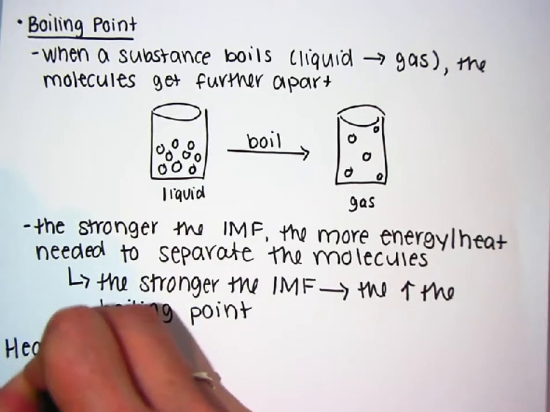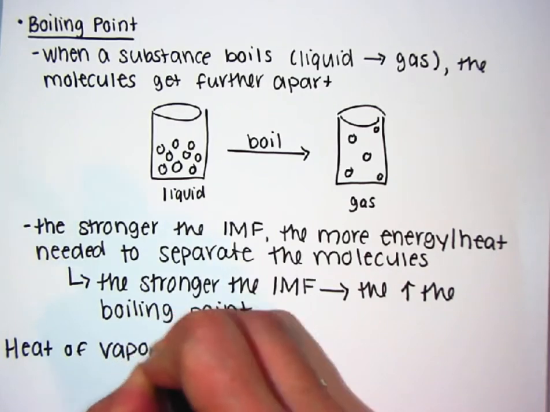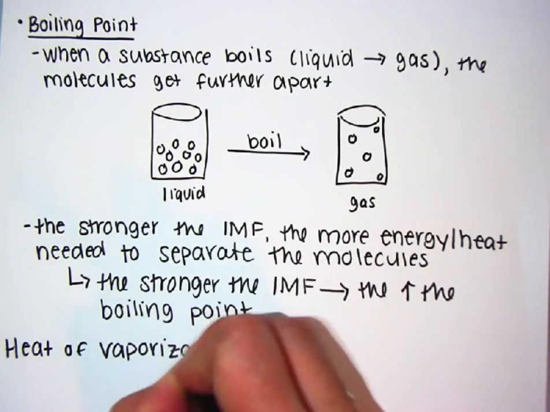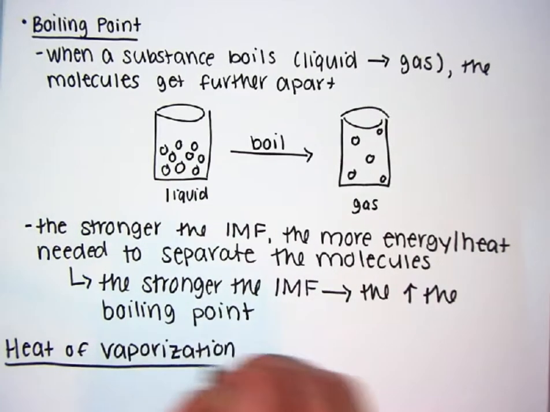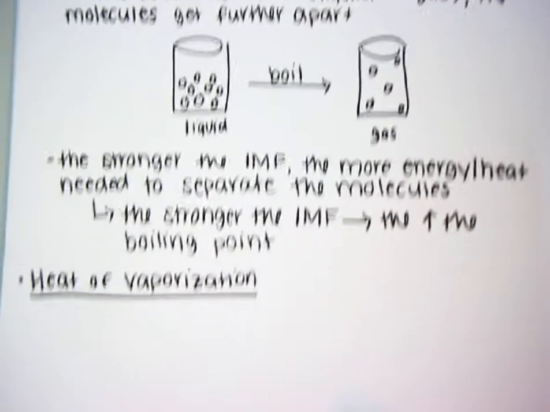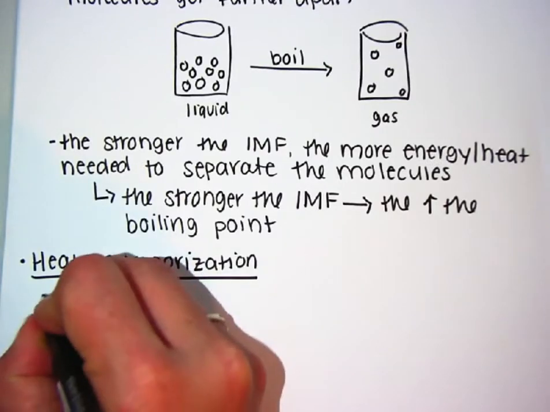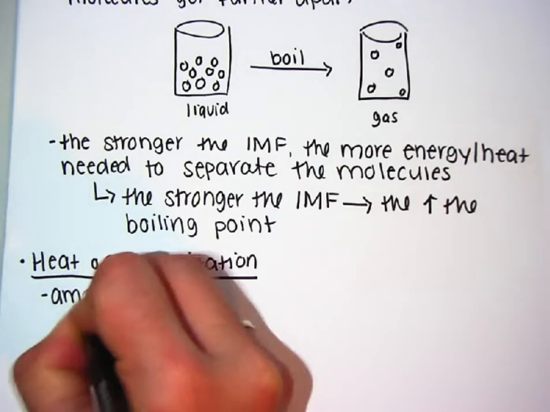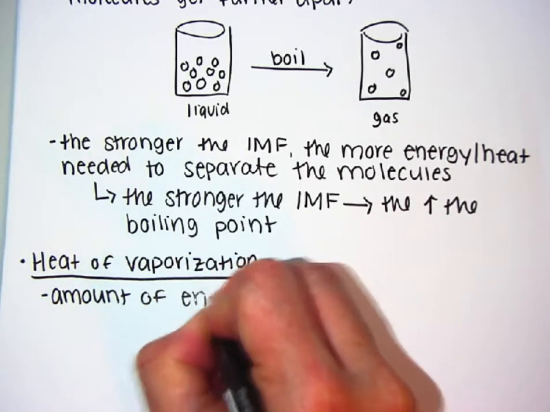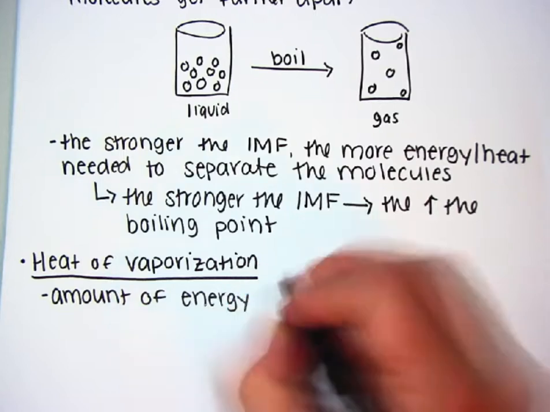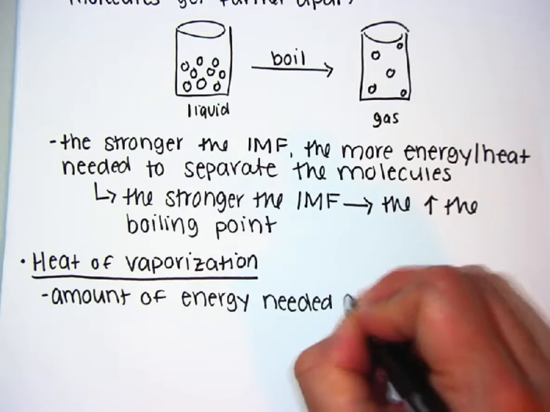Next property is called the heat of vaporization. Think of vaporization like becoming a vapor. Again, we're going from a liquid to a gas. Heat of vaporization is the amount of energy needed for a liquid to boil.